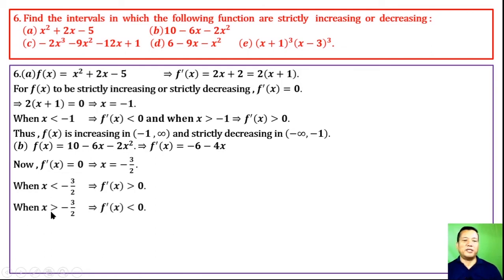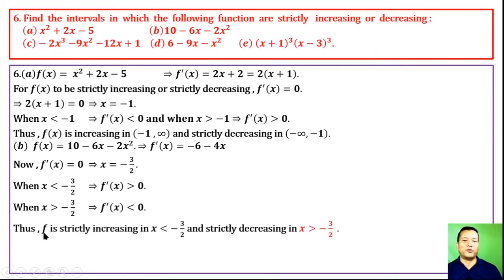And when x is any real number greater than minus 3 by 2, the sign of f dash x is less than 0. From this we conclude that f is strictly increasing in x less than minus 3 by 2 and strictly decreasing in x greater than minus 3 by 2.